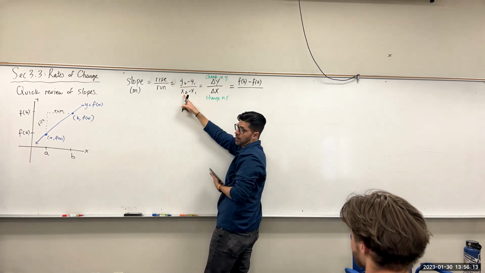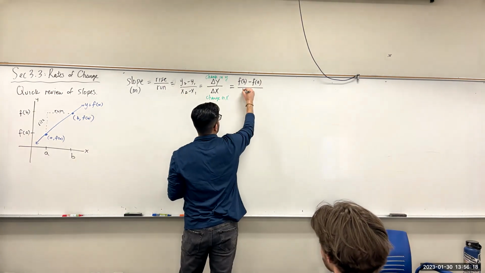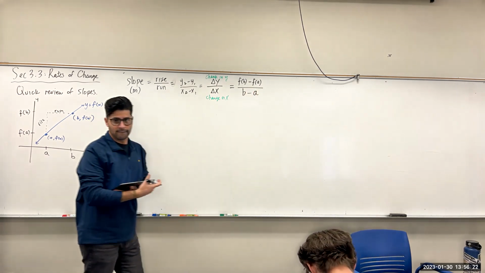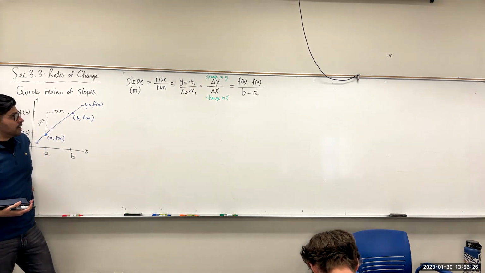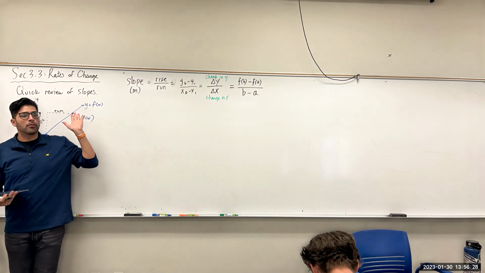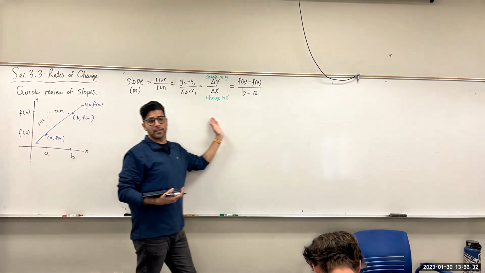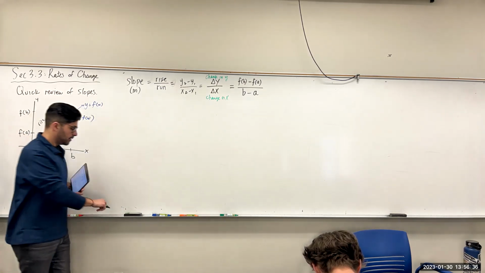What's the second x value? b, minus the first x value, which we're calling a. Okay. And obviously this is an important concept in a math class because there are many different ways of saying the same thing, and they have a lot of applications.